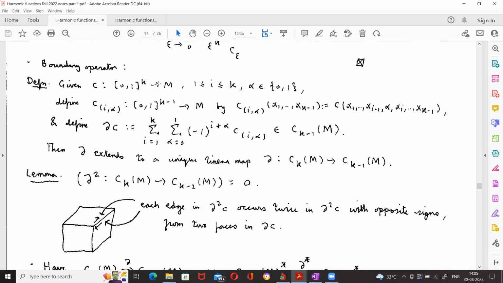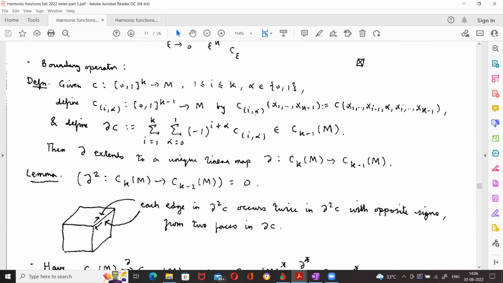In general, a cube in n dimensions will have 2n faces, or a k-cube will have 2k faces. So what are the 2k faces? Let i be an index between 1 and k, and let alpha be from the set {0, 1}. So alpha is either 0 or 1. Then we define what's called the (i, alpha)th face of C. This will be a singular (k-1)-cube.